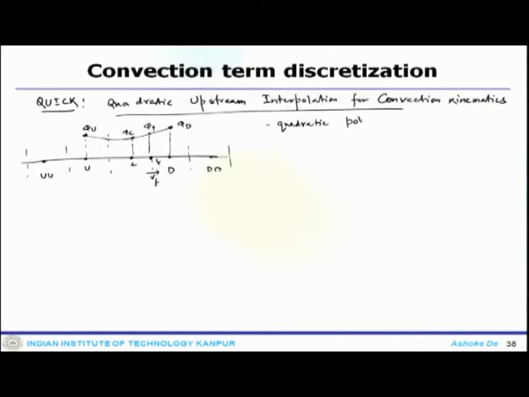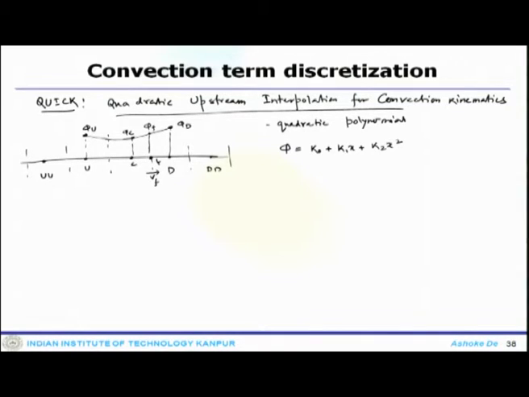So, that is where the interpolation is going to be obtained, and what profile one can obtain from this, you can assume phi of x would be some sort of k naught plus k 1 x plus k 2 x square.